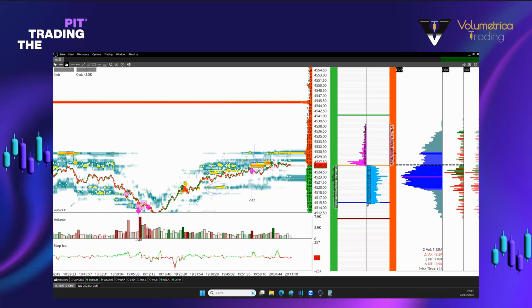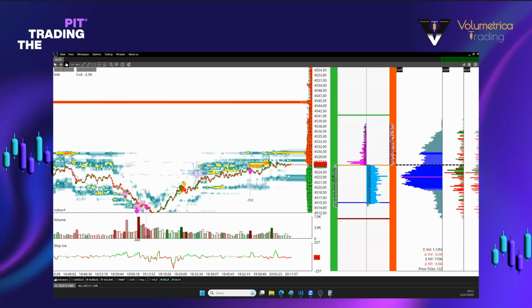This works both ways actually, because when we have liquidity pools appearing here in the heat map straight in front of the price, but which is not there for that long, then this is the kind of liquidity which tends to reject price in the first place.